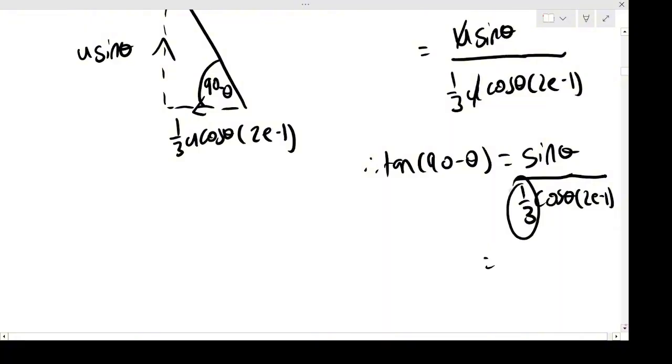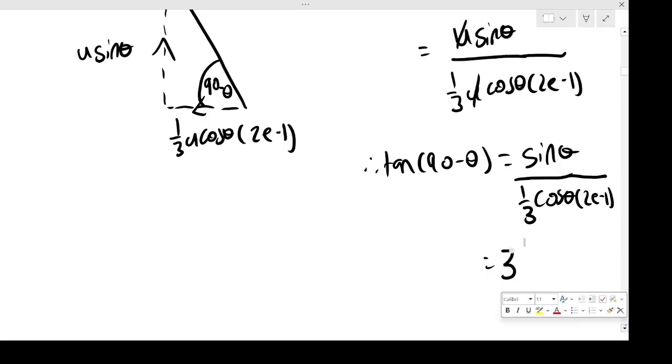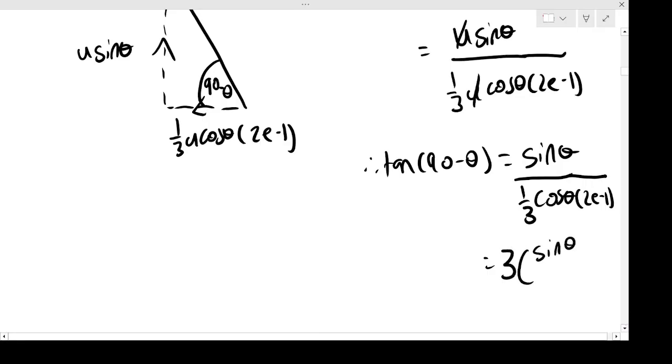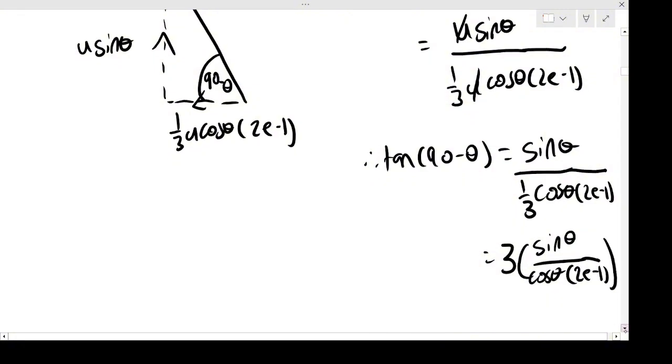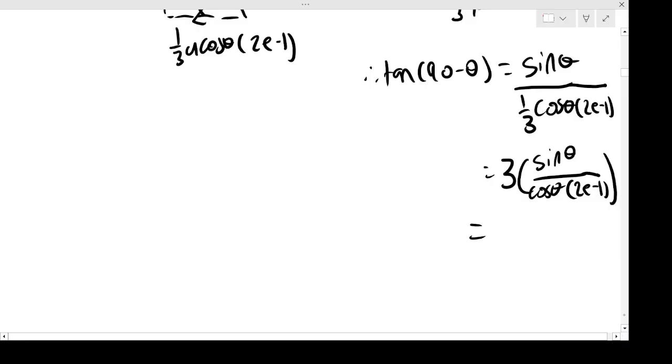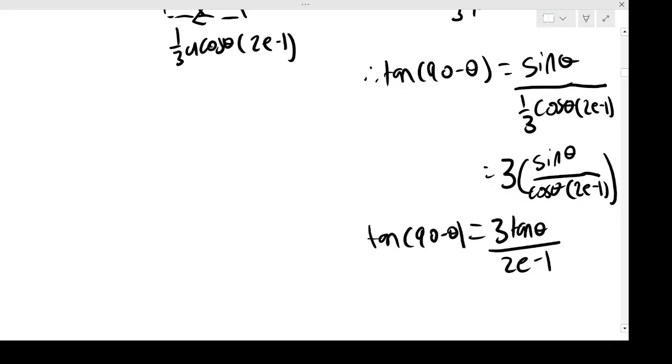Firstly, if we're dividing by a third, it's the same as multiplying by 3. So we have 3 sine theta over cos theta times by 2e minus 1. And then what do you notice? I have a sine over cos. That goes to tan. So I have 3 tan theta over 2e minus 1. And that's tan of 90 minus theta. Hopefully happy with that simplification.